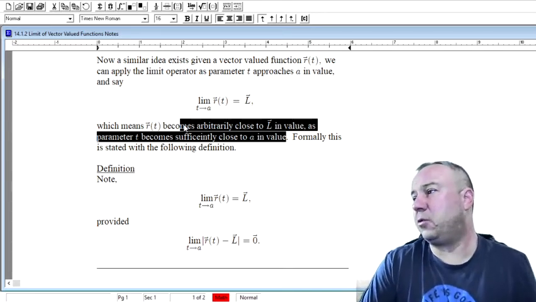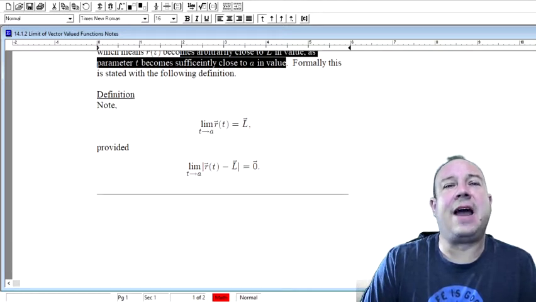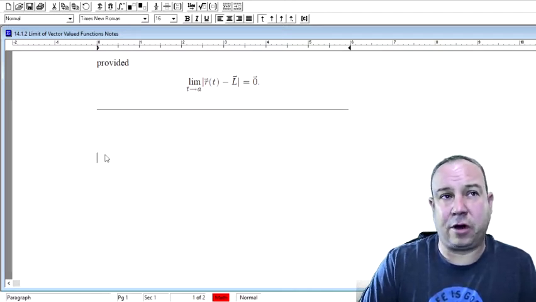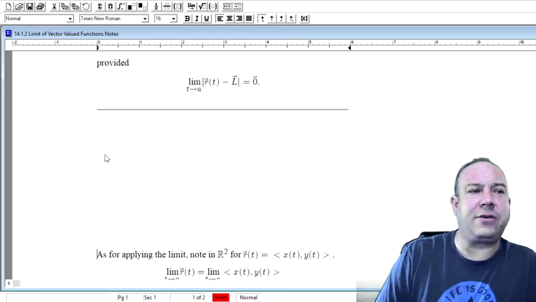That really is the way that we go about looking at limits. Now, in terms of calculating these for a vector-valued function, it is a rather intuitive process.